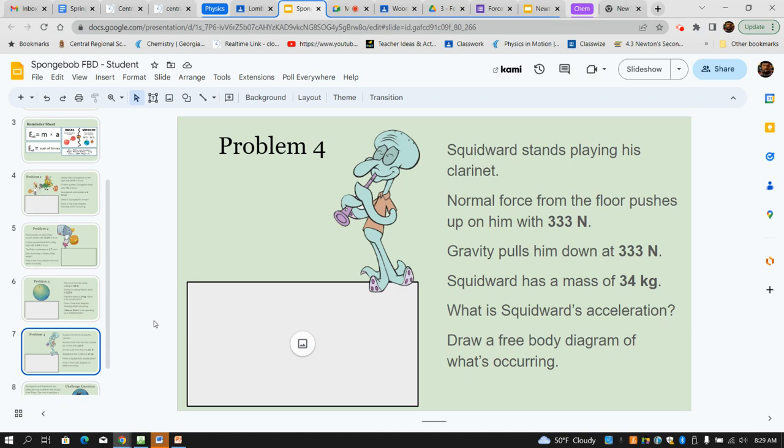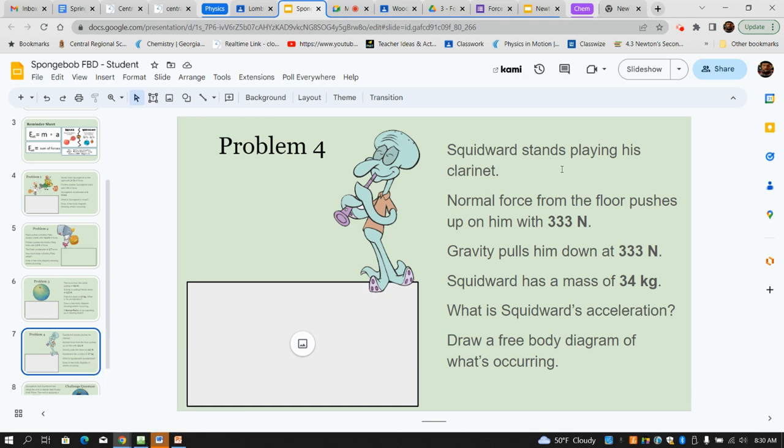And then Fn should be up at also 333. All right, they gave him his mass here, a mass of 34 kilograms, and they wanted acceleration. So this is what we should have.